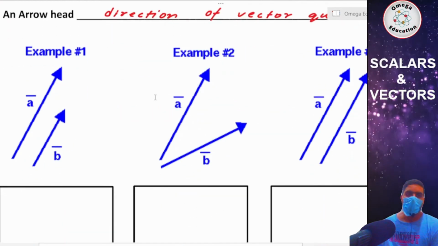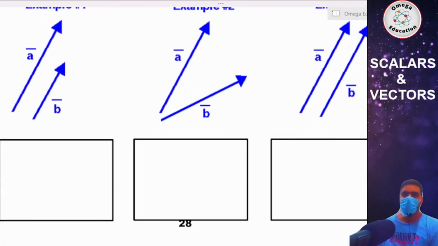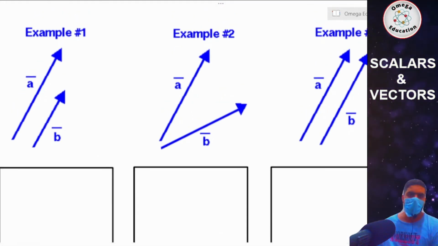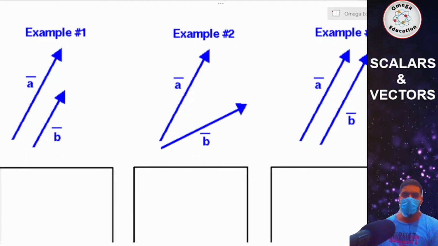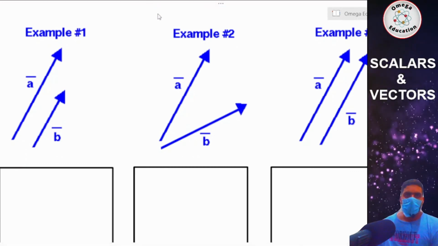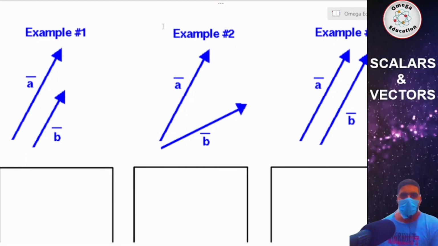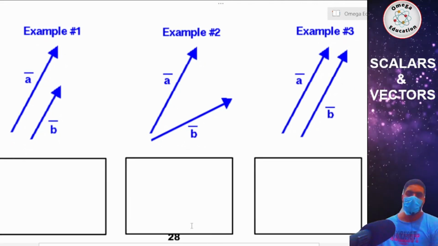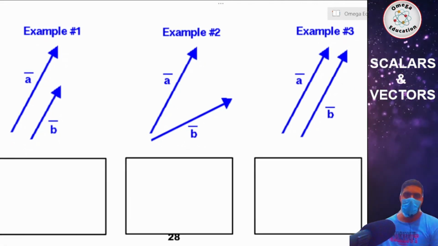Now let us take a look at three cases. We have three very good examples here that would help you clear the concept. These vectors are represented by vector diagrams, that is, graphically.